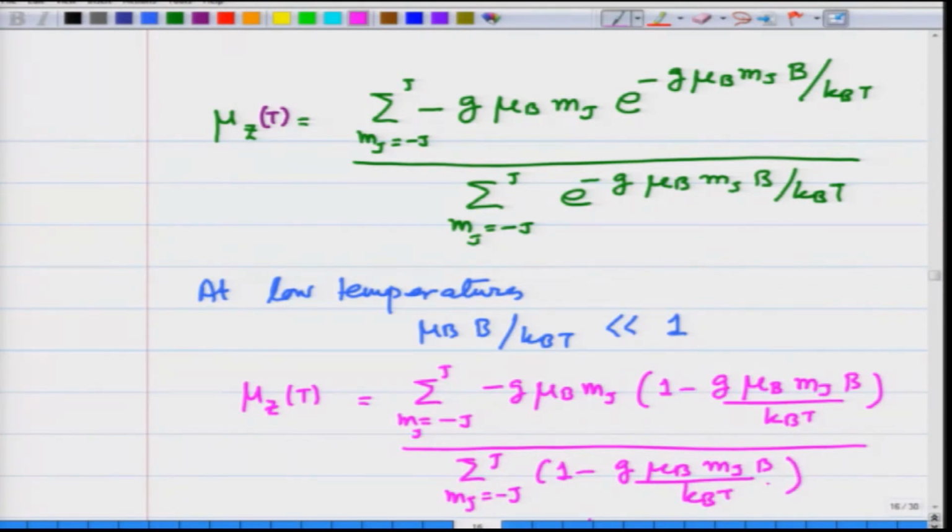Under this approximation, this is what mu z is going to be. Let me write this again on the next page.